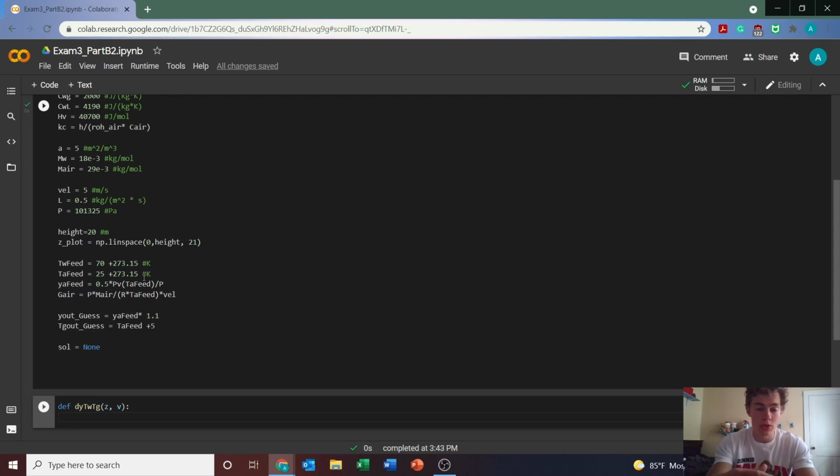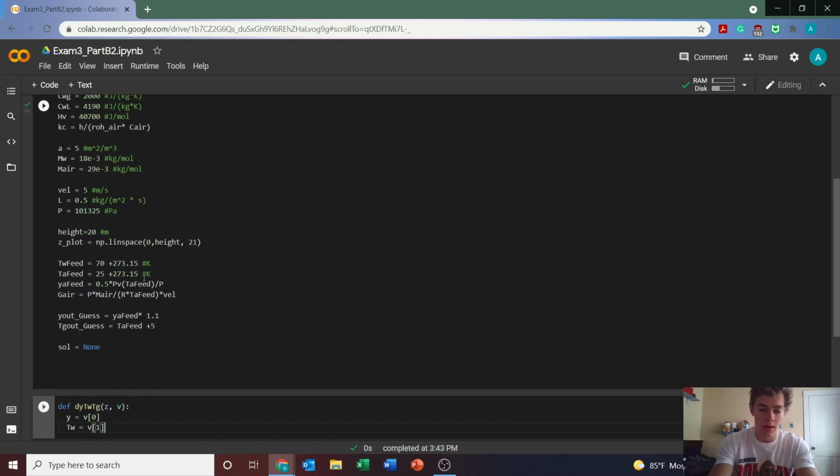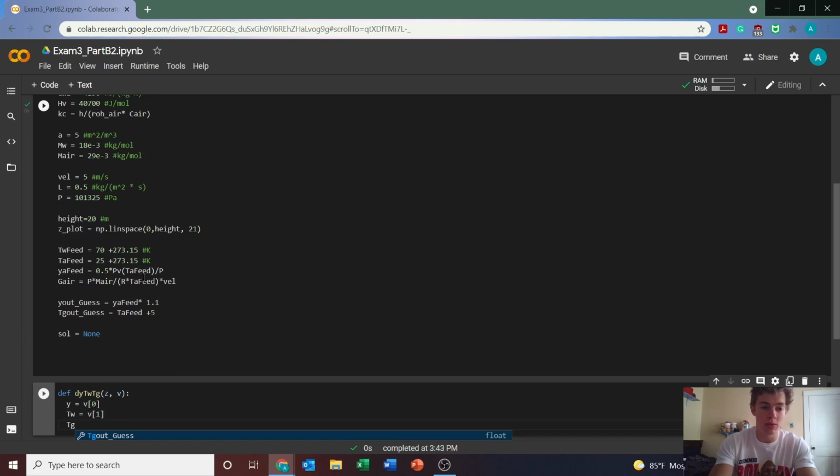Since we're going to store into an array of data, the first component of our array is going to be equal to the mole fraction of our water. The second component is going to be equal to the temperature of our water. And the third component is going to be equal to the temperature of our gas.